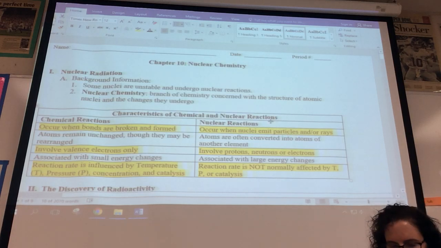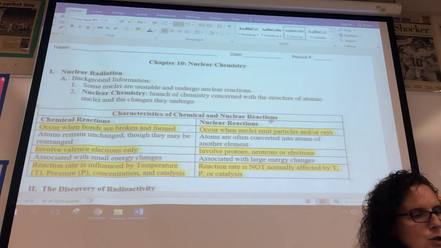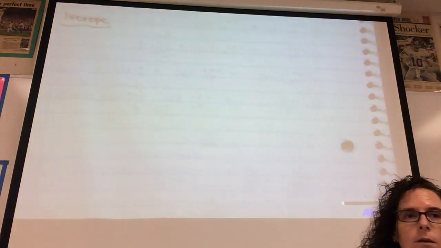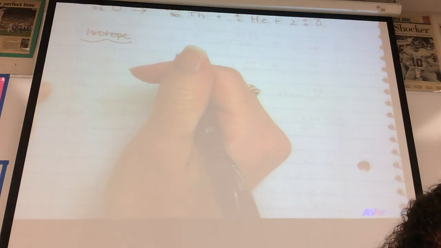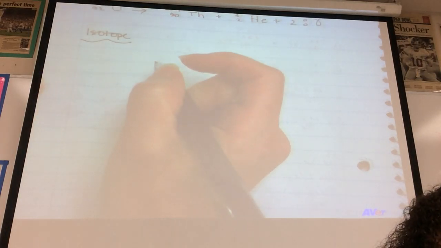We know from what we talked about earlier in the year is that some isotopes are radioactive. What is an isotope? You have a different number of neutrons.